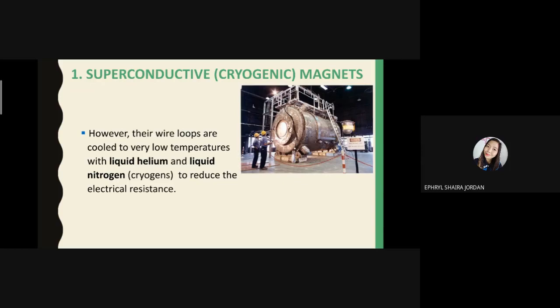The resistance of an electromagnet could reach zero if you have a very low temperature. The temperature is in fact typically very close to absolute zero, so very cold. Therefore, the wires of the magnet are bathed in liquid helium at 4 Kelvin to maintain the superconductive properties of the magnet.